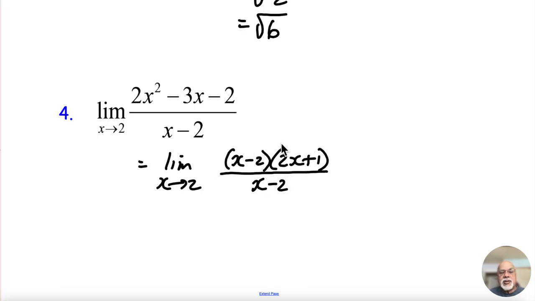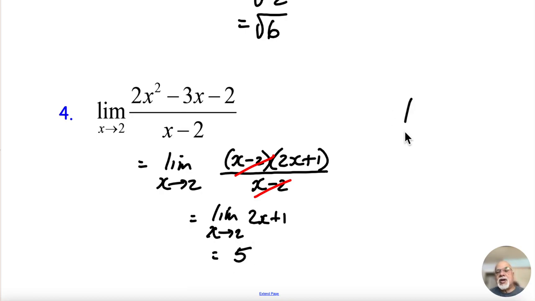Just going to double check that this works. 2x squared minus 4x plus 1x, negative 3x minus 2. Yeah, that worked. And so these two factors cancel. And so now I can actually take the limit as x goes to 2 of 2x plus 1. And this would be 5. So this was done by factoring. That was the strategy.